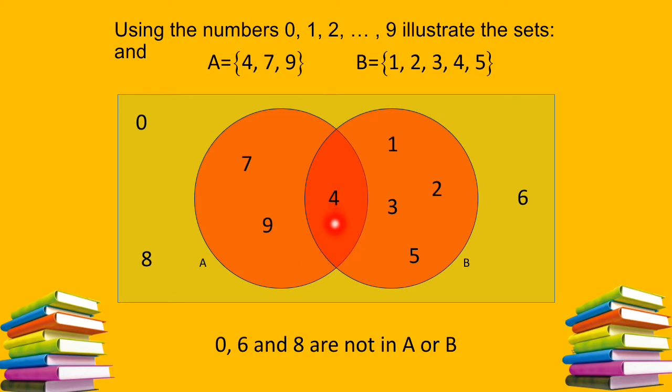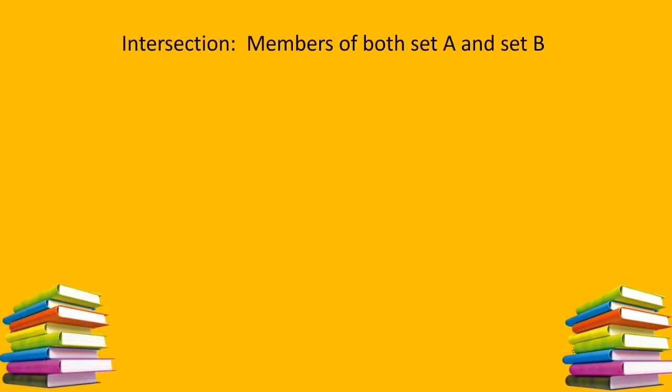Then place the common numbers in the overlapping region, while the remaining numbers of set A will be inserted in the area of set A, and the remaining numbers of set B will be inserted in the area of set B, and the remaining numbers will be written in the area of the universal set.